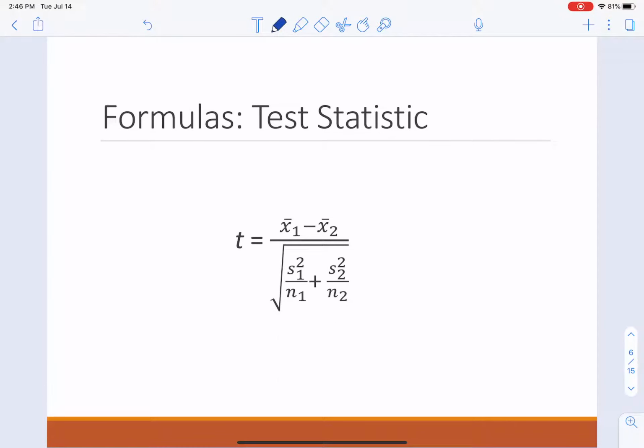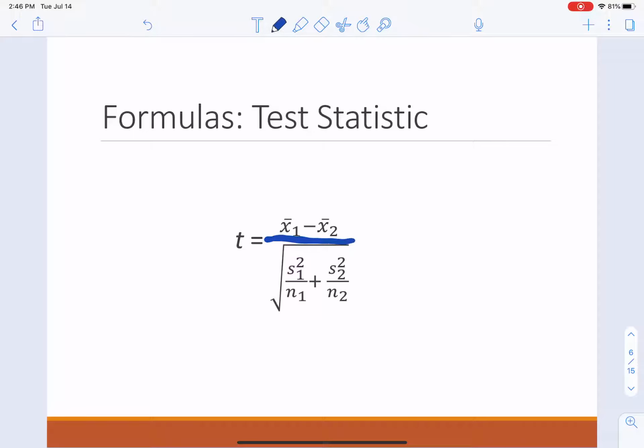Okay. Now, degrees of freedom, we got that out of the way. The test statistic is very similar to what we've seen before, except we've just got times 2 of everything, right? Since we're working with this idea of a mathematical difference, not an English different. How are they different? We're actually looking at one minus the other, the actual difference between the two. So that's why we've got that at the top.